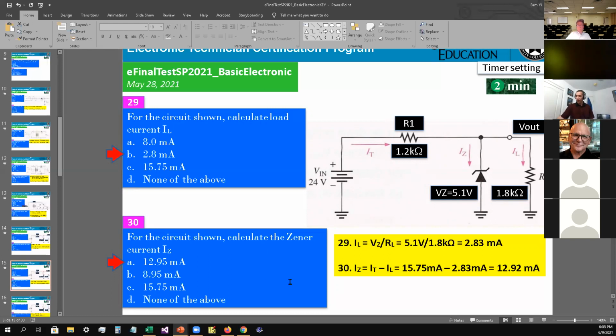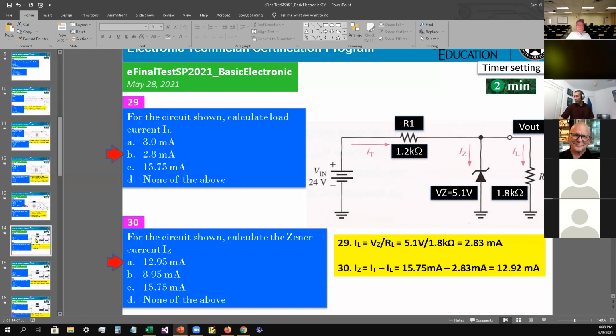Okay, for number 30, for the circuit showing, calculate Zener current IZ. So IZ would be here. First thing, if we look at the total current minus the current that's going to the IL, that will give you the IZ.